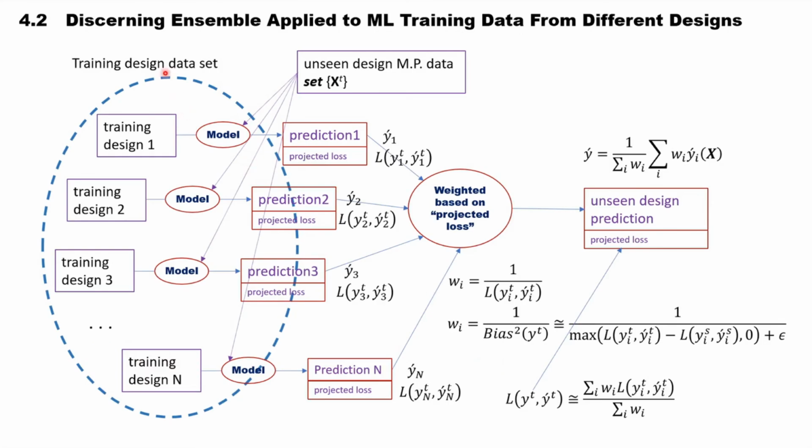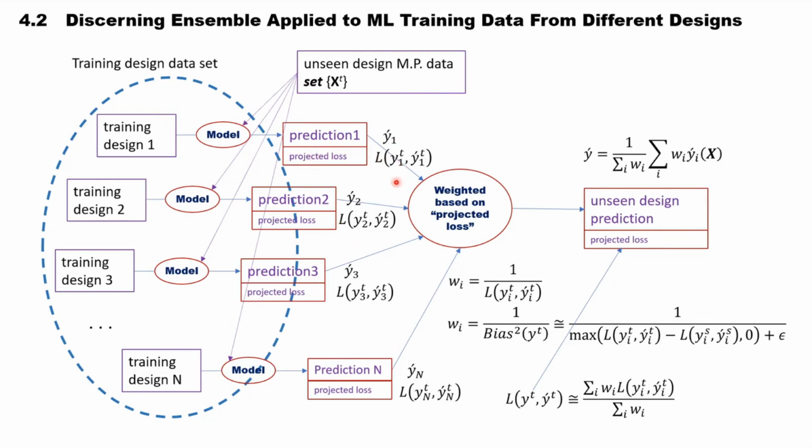Now, we apply our discerning ensemble approach to macro placement predictions. Here, every training design becomes a base learner in the ensemble. The projected loss or bias from the complete dataset X can be used for weighting.